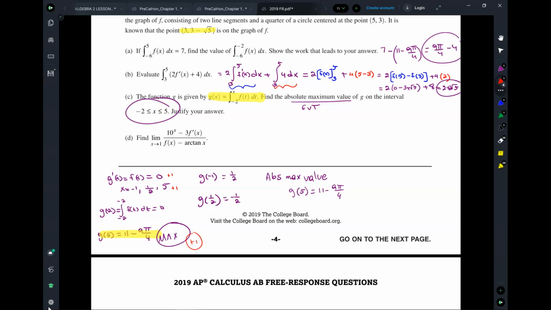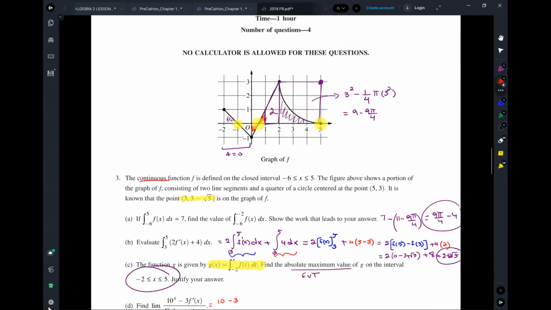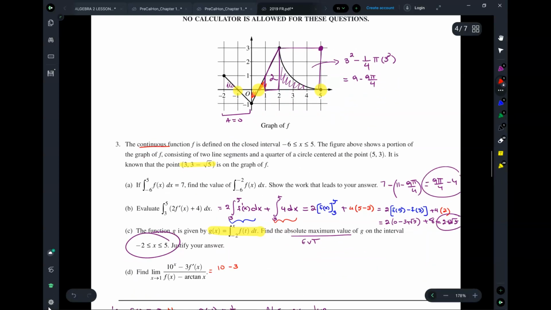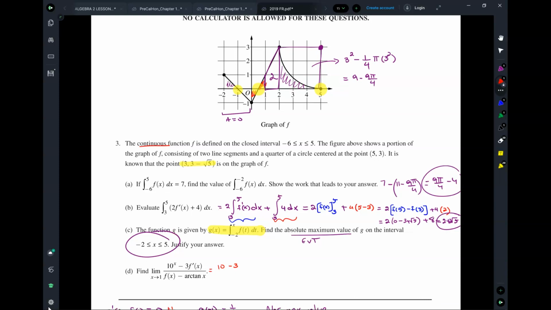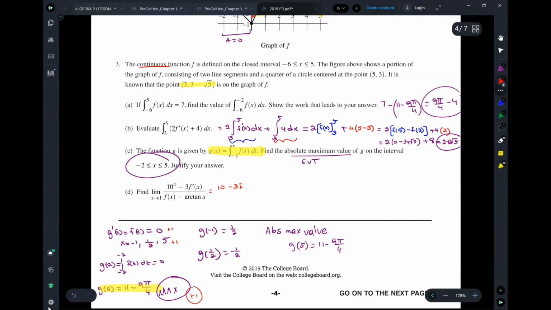Okay, so 10 to the 1, 10, fine. Minus 3 times f prime of x. What's f prime of x? That's the slope at 1, right? So this is minus 3 times f prime at 1 over f of 1 minus arctan of 1.